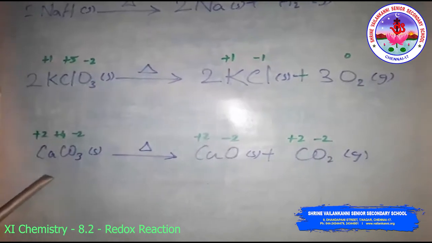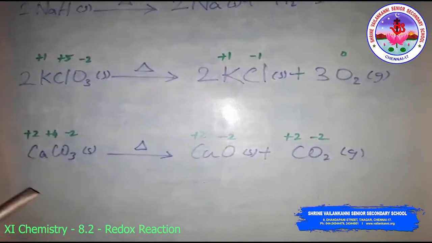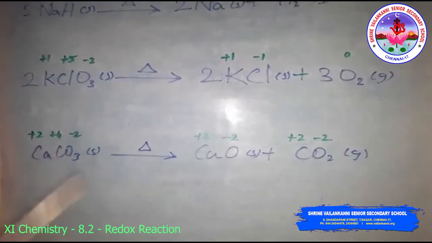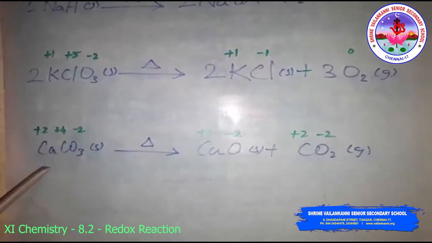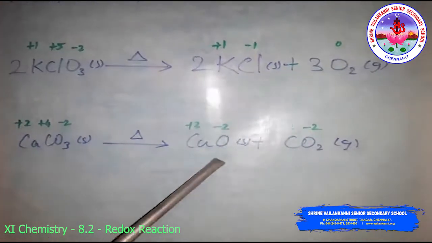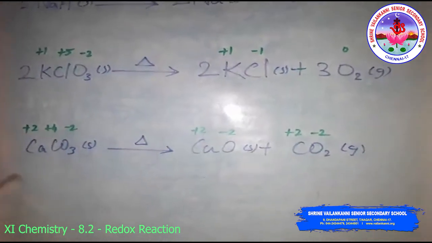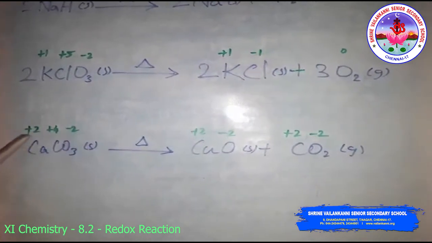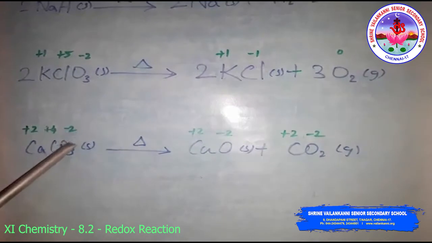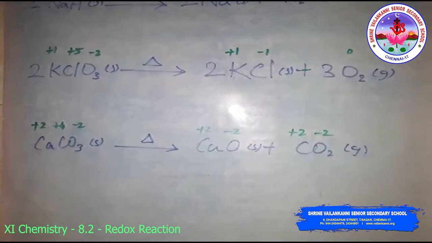For example, the decomposition of calcium carbonate is not a redox reaction, because there is no change in the oxidation number. Look at here, the calcium carbonate on heating gives calcium oxide and carbon dioxide. So here calcium has +2 oxidation state, carbon has +4 oxidation state, and oxygen has -2 oxidation state.